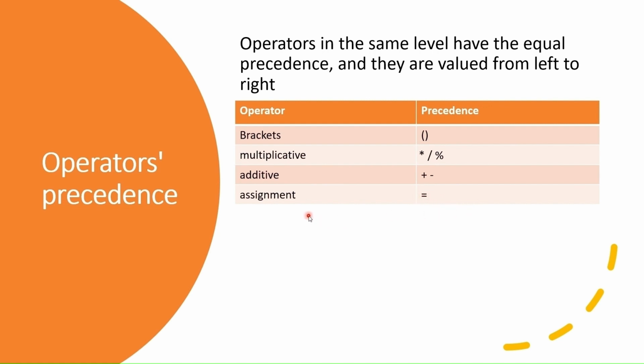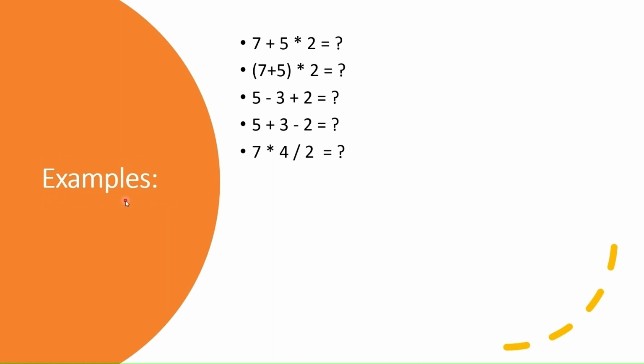All right. Now let's go to some examples. You can stop the video and do it yourself. You can try to work out the result of each arithmetic expression. So now we have 7 plus 5 multiplied by 2 equals, what do you think?